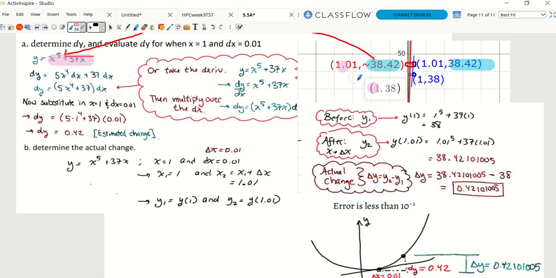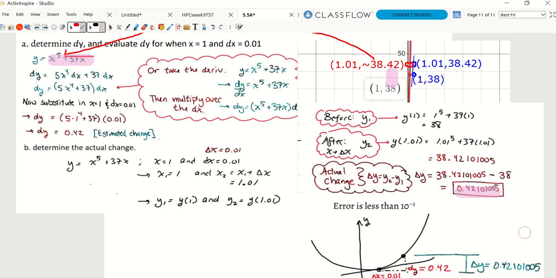Now they plugged in 1.01 into the original equation, and they got 38.42 and so on. And so they subtract the two. They basically want the vertical distance between these, and they subtract the two, and they ended up getting this right here.